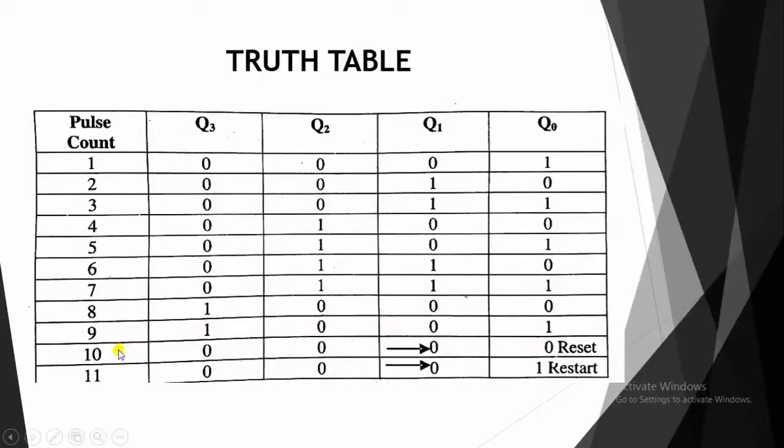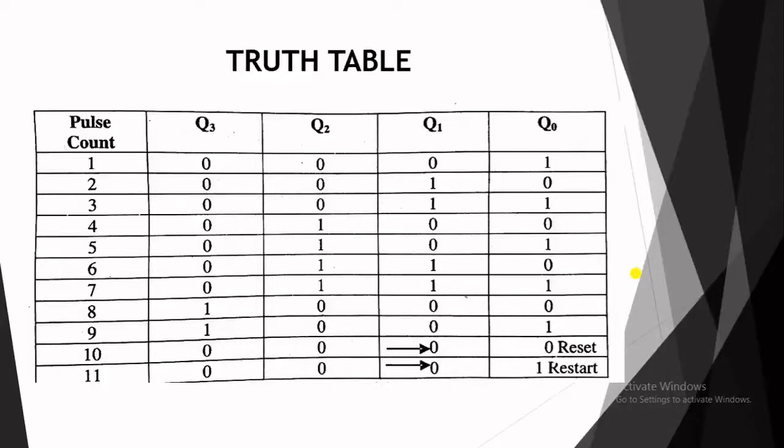At the 10th pulse the feedback is given through the AND gate and clears the counter, or resets the counter to 0 0 0 0, and then again starts the cycle. Repeat the cycle from 1 to 9. Understood? So this is the truth table. This counter may be called a divide by 10 circuit. It gives one high clear pulse after 10 pulses.